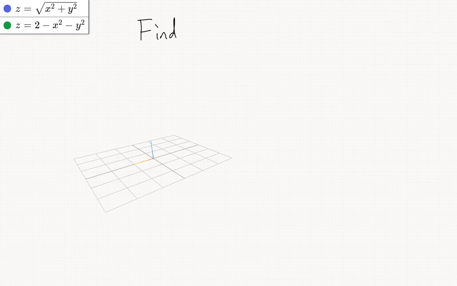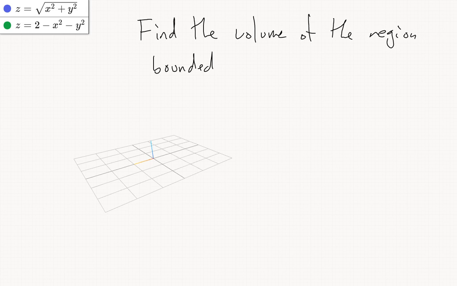So for our first example, let's find the volume of the region which is bounded below by the cone z equals root x squared plus y squared.